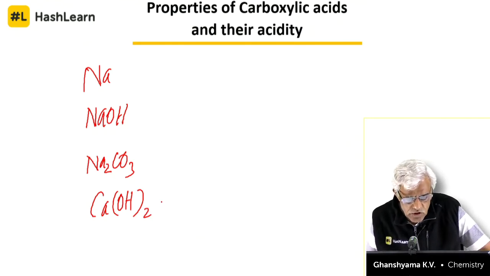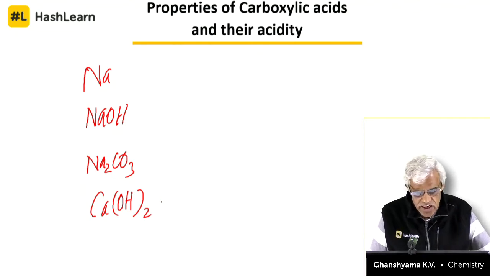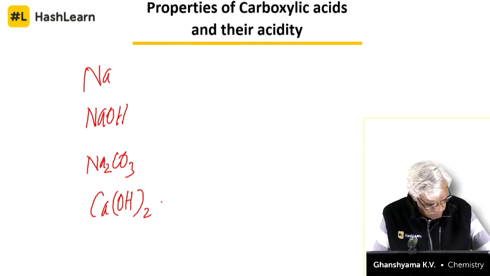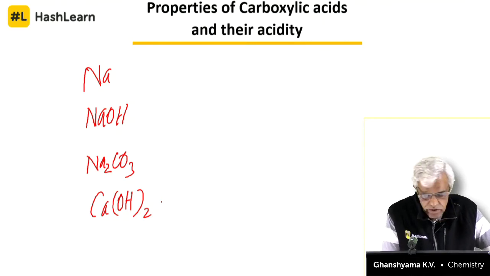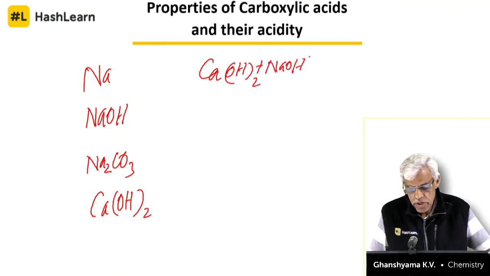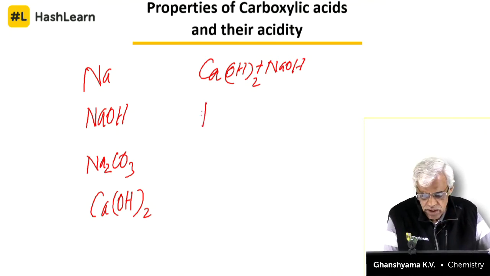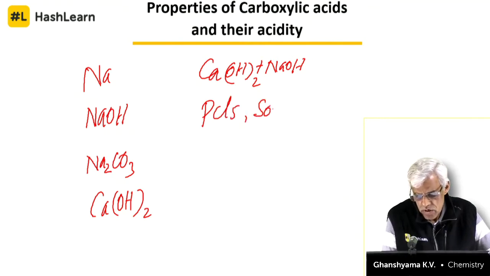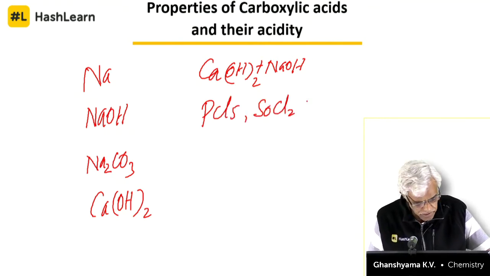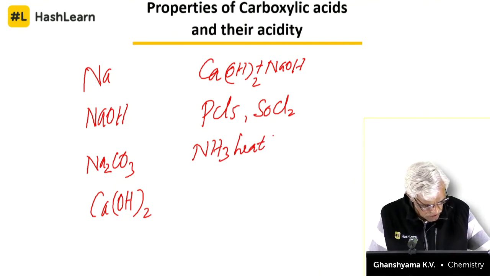Reaction of carboxylic acid with sodium hydroxide, sodium carbonate, calcium hydroxide. Then reaction with Ca(OH)2 and NaOH, that is soda lime. Then reaction with PCl5, reaction with thionyl chloride. The next one is reaction with ammonia in the cold condition and in the hot condition.